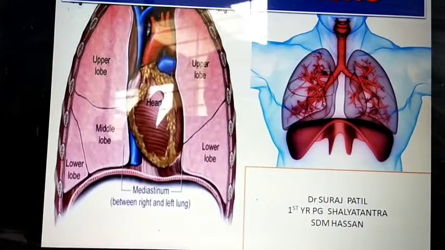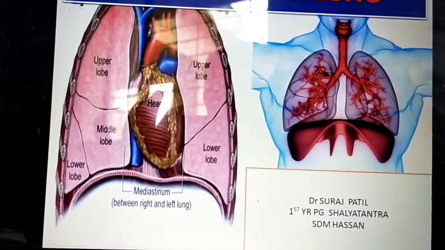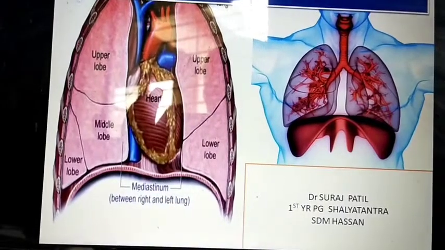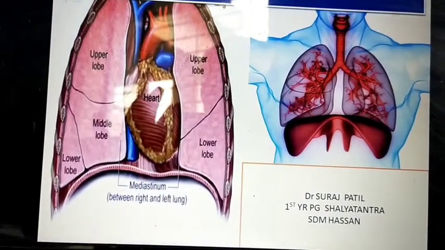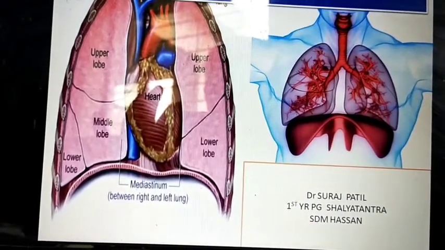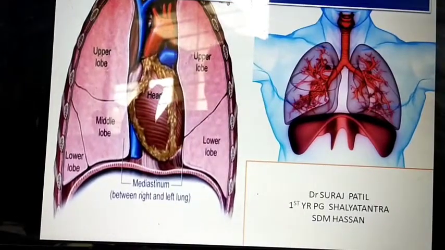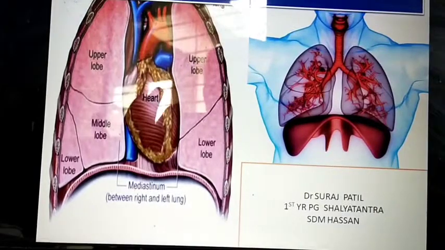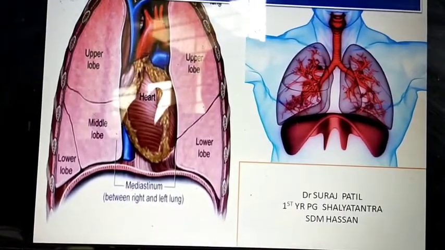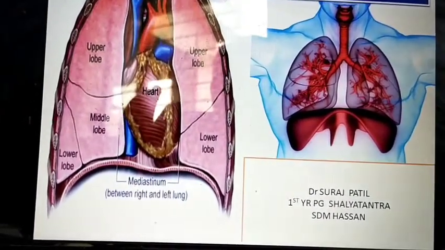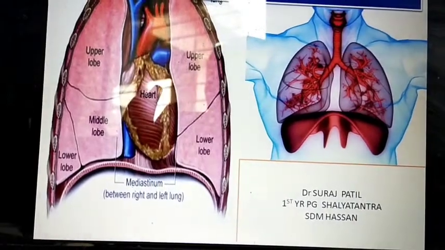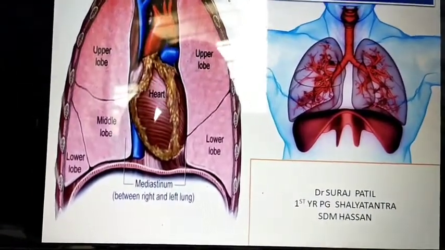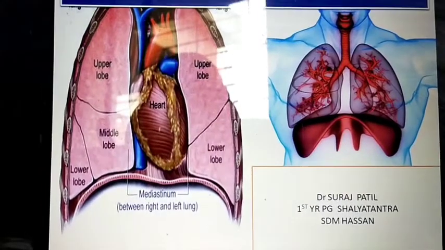It creates the pressures, negative and positive, during respiration. So the diaphragm is one structure, and its other main function is dividing the thorax, the chest, from the abdomen. You can go to the next slide.